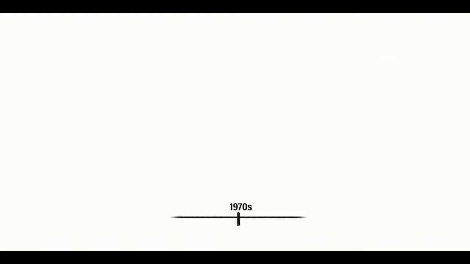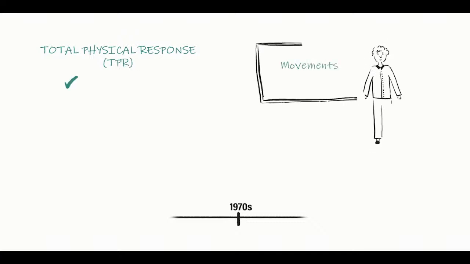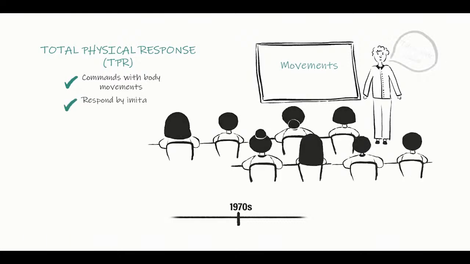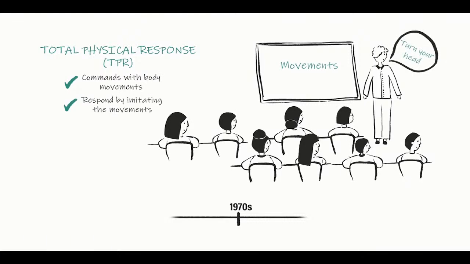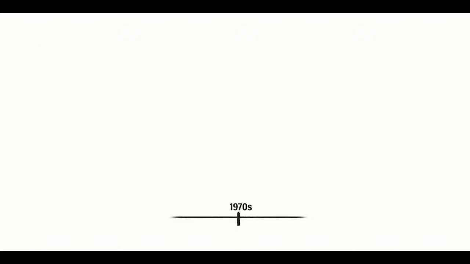Another method that originated in the 1970s was called Total Physical Response, or TPR. In TPR, the teacher gives commands to the students with body movements, and the students respond by imitating these movements. In the 1970s, another new orientation to language teaching emerged, called humanistic language teaching.